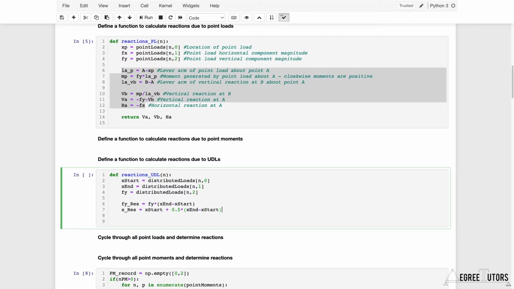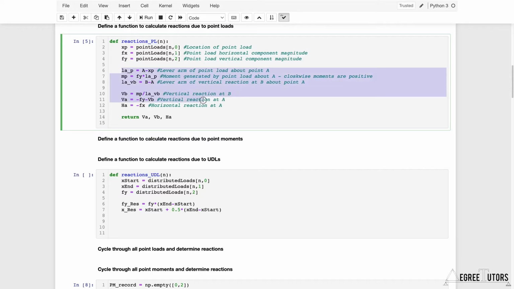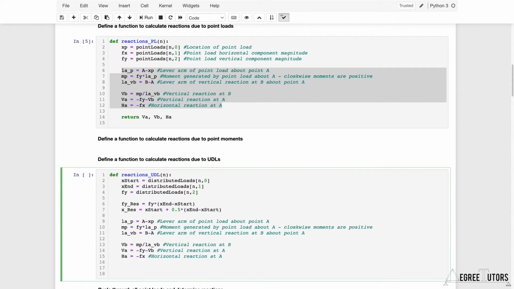Excellent. And at this point, we're more or less going to do the same thing as we did for our point loads, but we're going to have to be very careful that we make the updates that are necessary, right? So let's go down through this carefully one by one. So the lever arm of our point load now is going to be a minus x res, okay, because x res now identifies the location of that resultant point load.